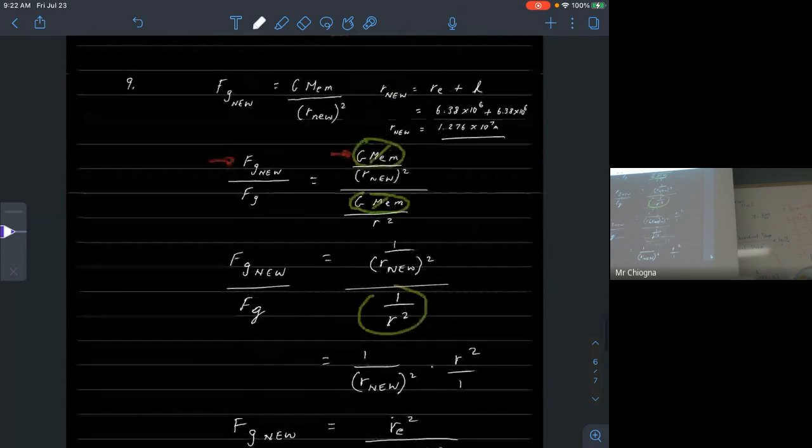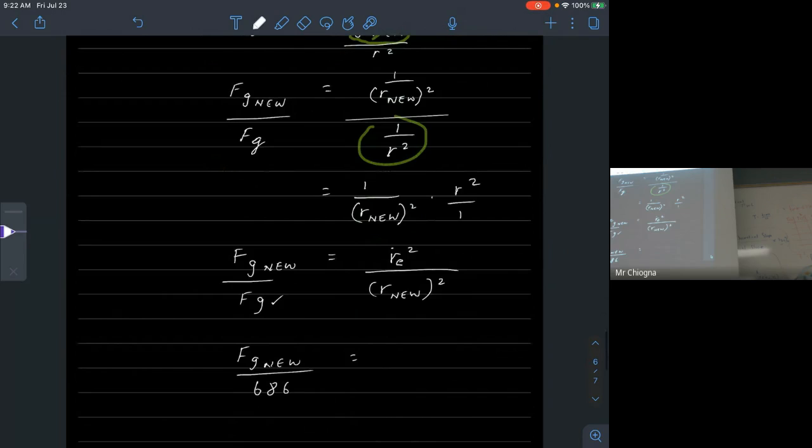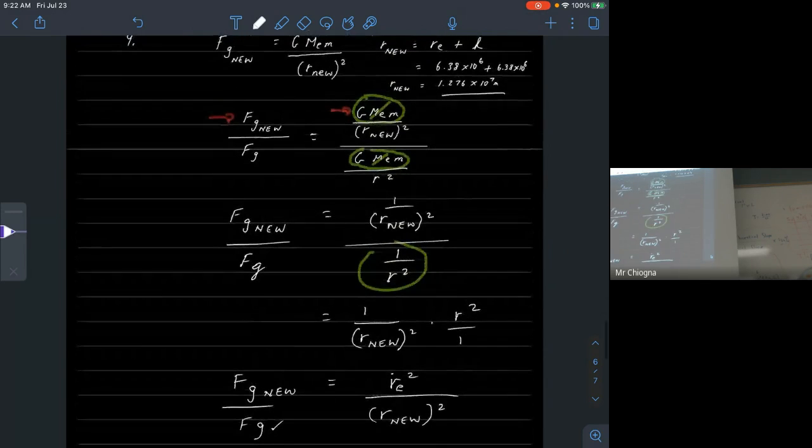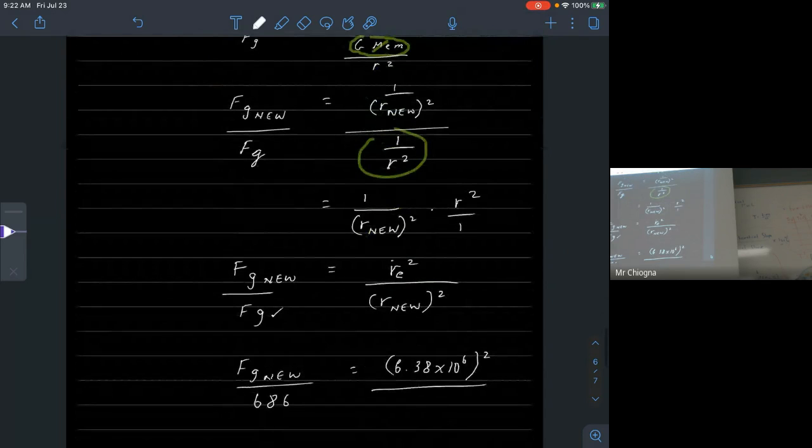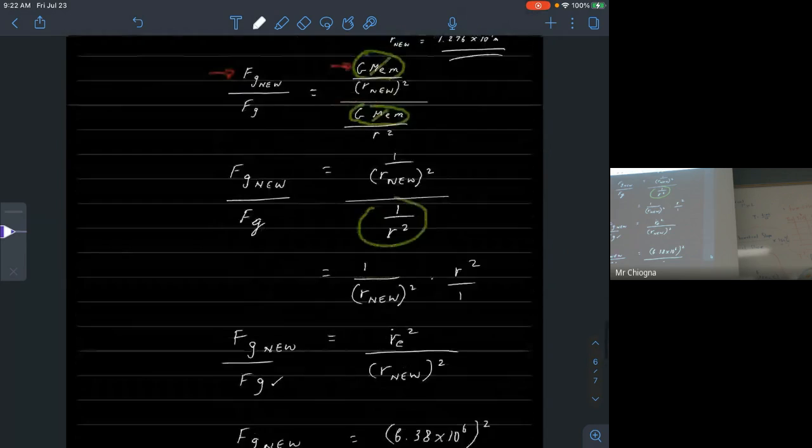Radius of the Earth, 6.38. And the new radius, I know it's double, but it won't always be that simple, so we'll plug it in as a value. 1.276.